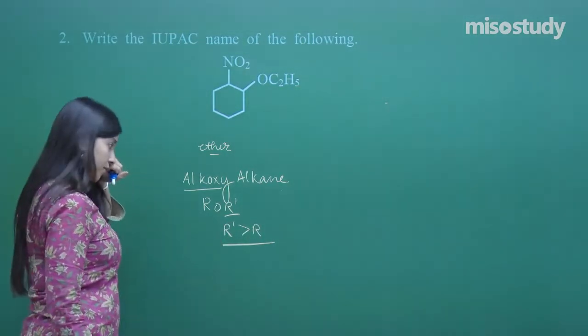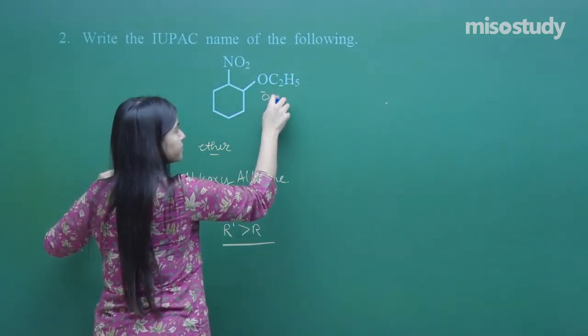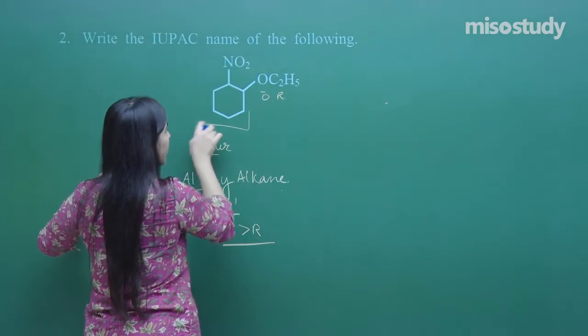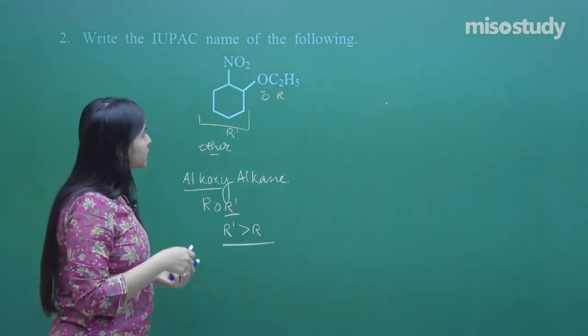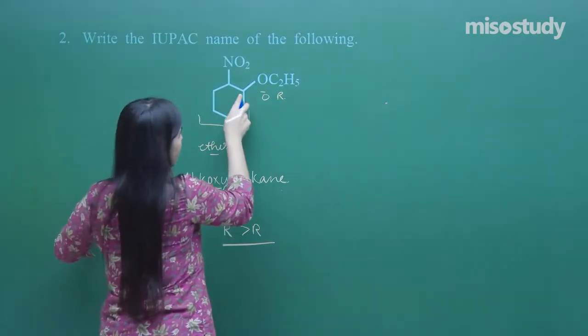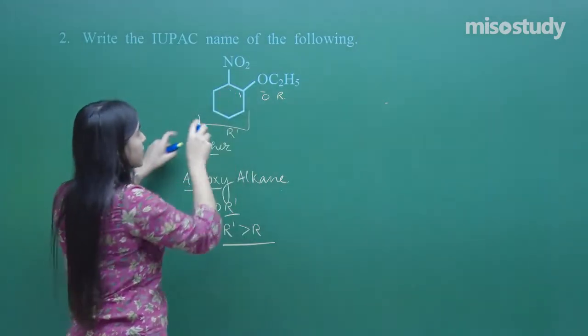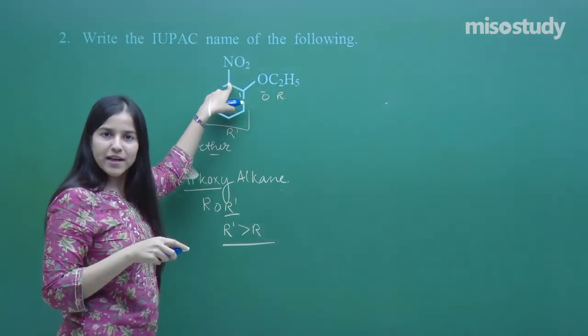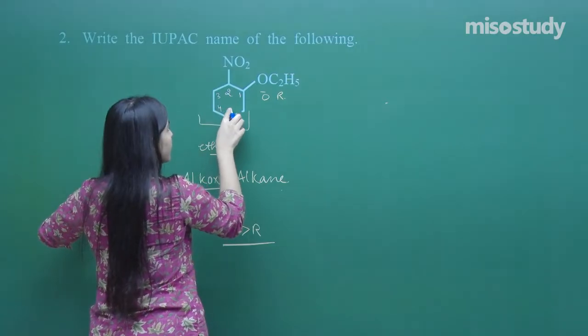Fine. So what will happen now is OR, see here, and this is R dash because this is the bigger one. Fine. So what will it be? I have to number it, onto which position it will be, so that I can number the rest of the substituents as well. Don't forget this. 3, 4, 5, 6.